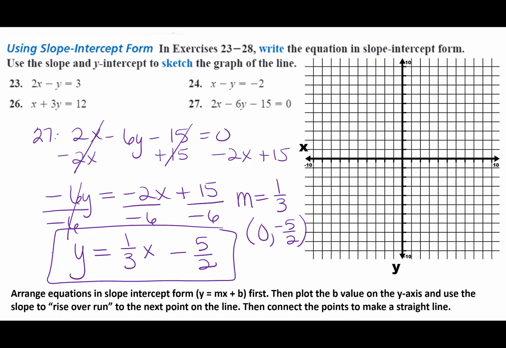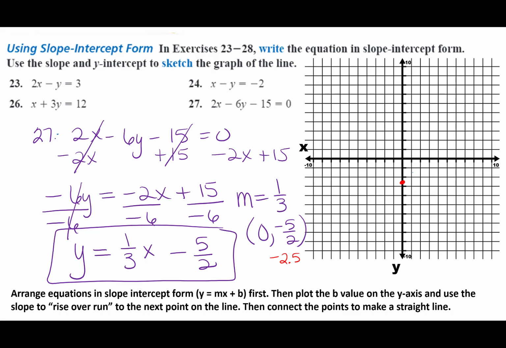The best way to plot a point when it's a fraction is to convert it to a decimal. And so negative 5/2 is the same as negative 2.5. And so that's where we'll start on the graph. We'll put a dot on the y-axis at negative 2.5. And then from here we'll still follow the slope, rise 1, and then go over to the right 3.